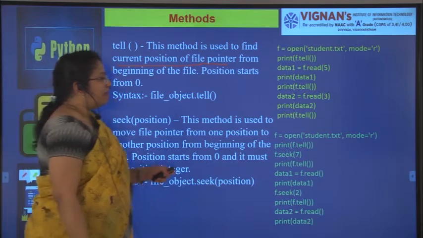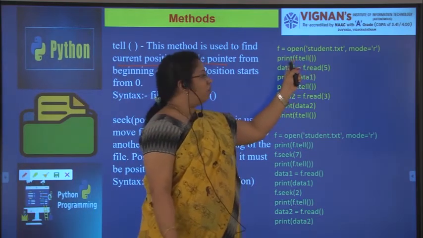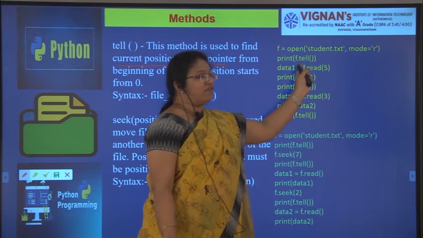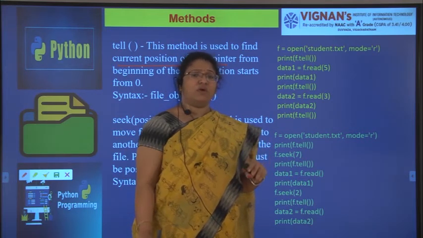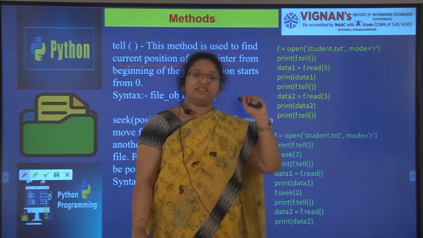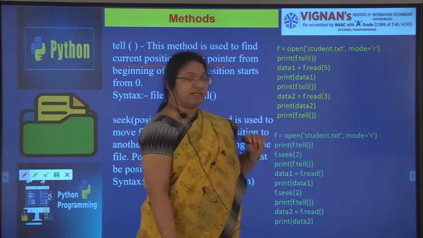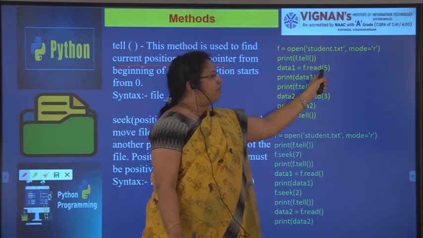Now see an example. I have taken a student file and I am opening it in read mode. Now I am saying print of f.tell. When you open a file in read mode, where will the file pointer be? It will be at the starting. Now data1 is equal to f.read of 5.